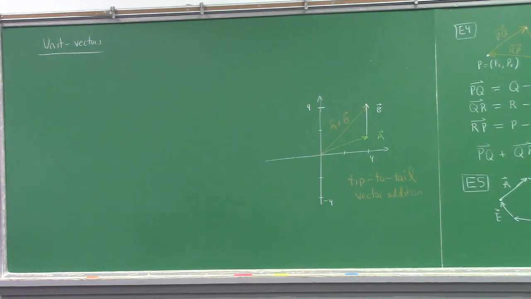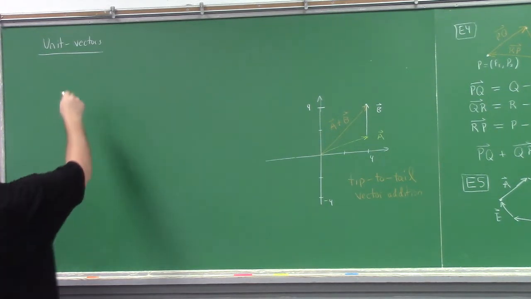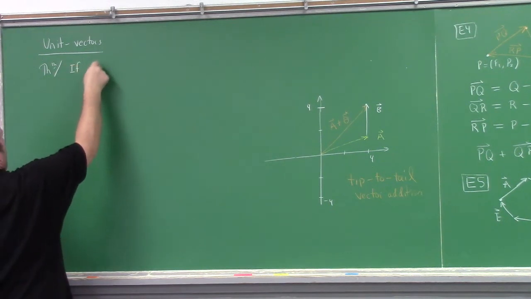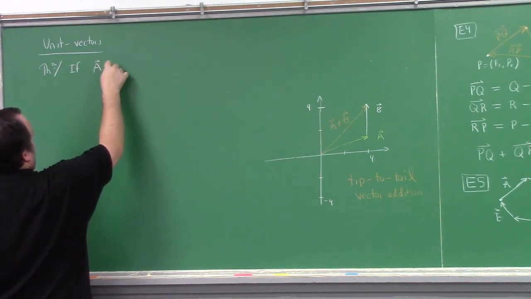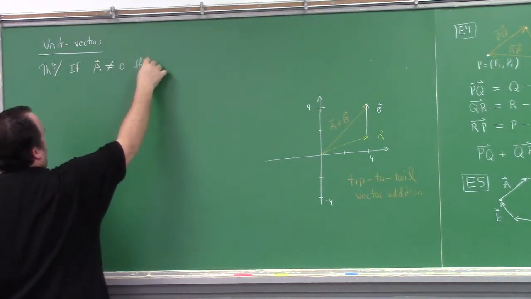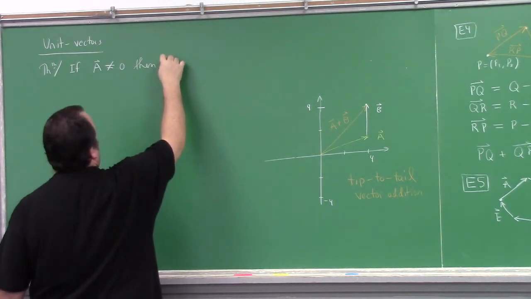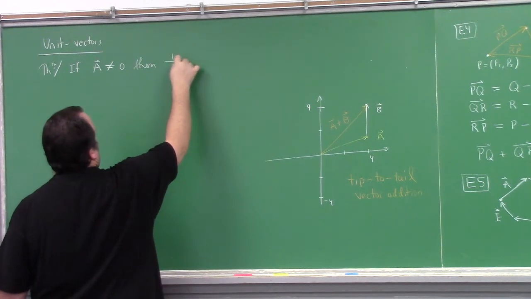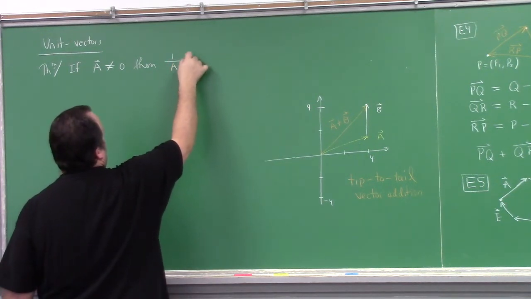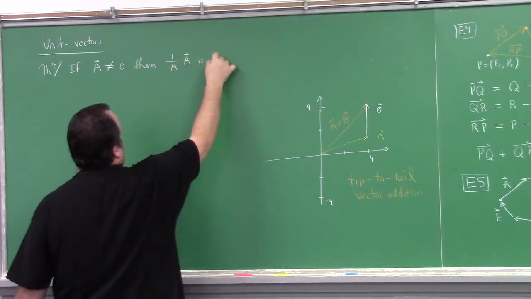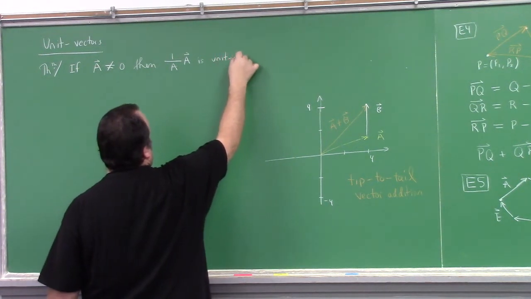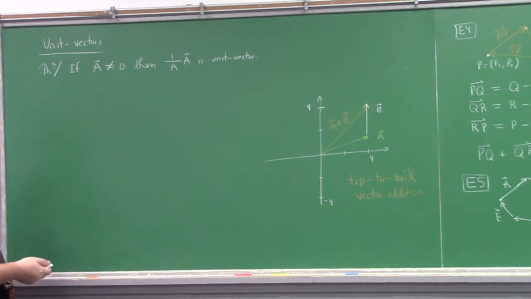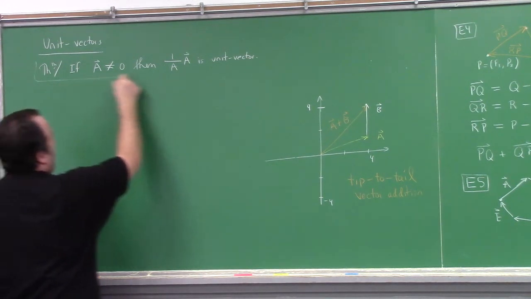So here's the theorem. If A is not equal to 0, then 1 over the length of A times A is a unit vector. So here's the proof.